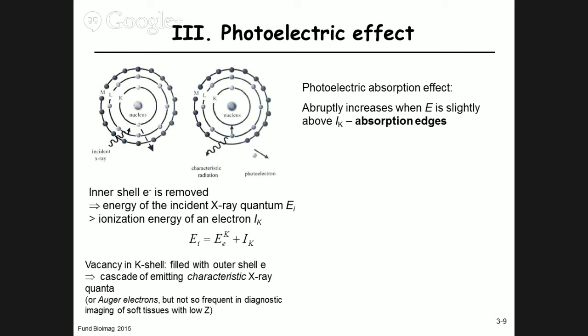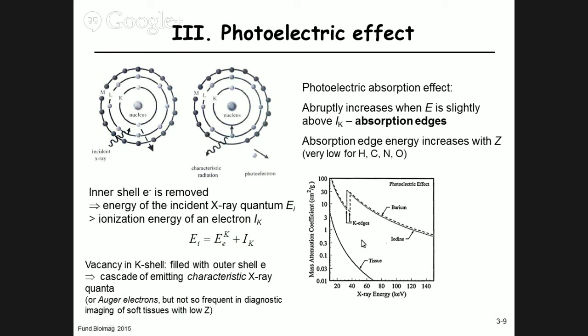When you're just at the point to kick it out of the shell, then it gets absorbed, so suddenly the absorption is much higher. So you get a jump there. And then, as you go higher and higher, the absorption decreases again. The absorption edge energy increases with Z. It's actually very low for most elements that we have in tissue, because the binding energy increases with Z.